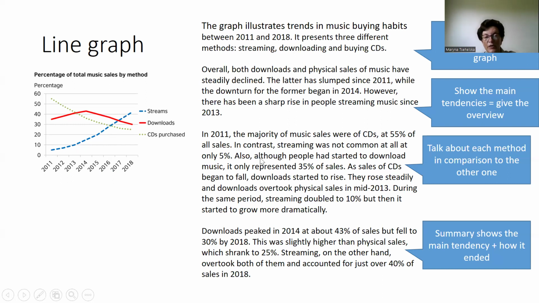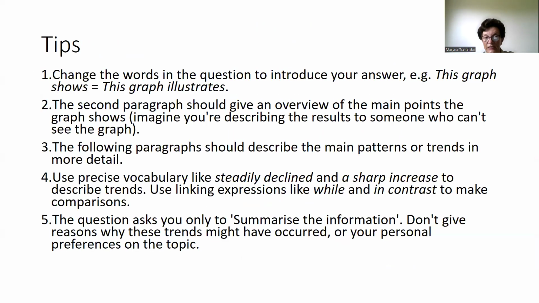And we can say that streaming was not common at the beginning, while the majority was taken by downloads and CD purchases. And then we can talk about steady growth or the falling down of the tendency.